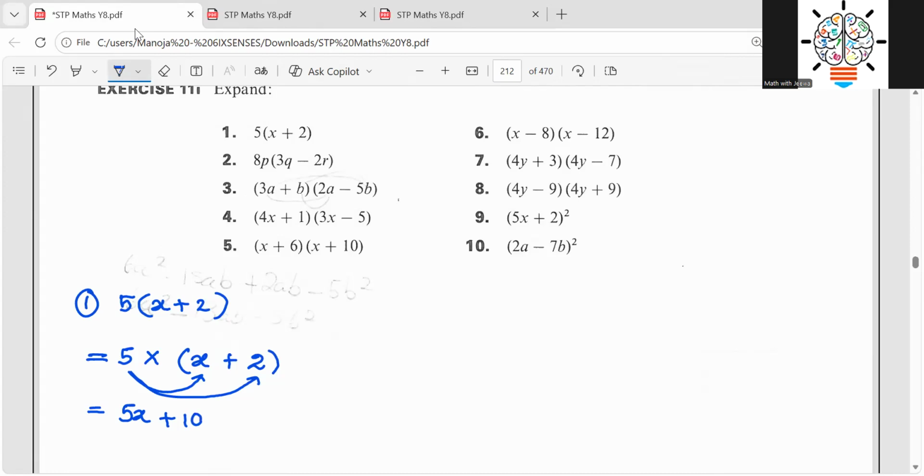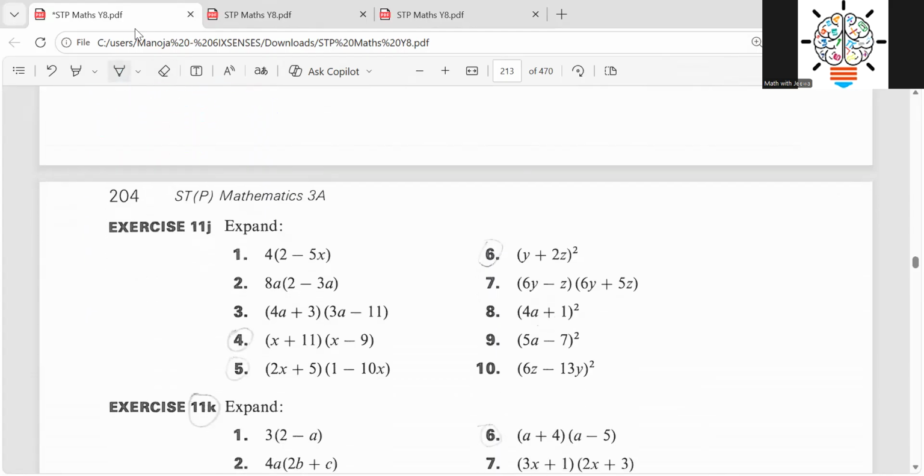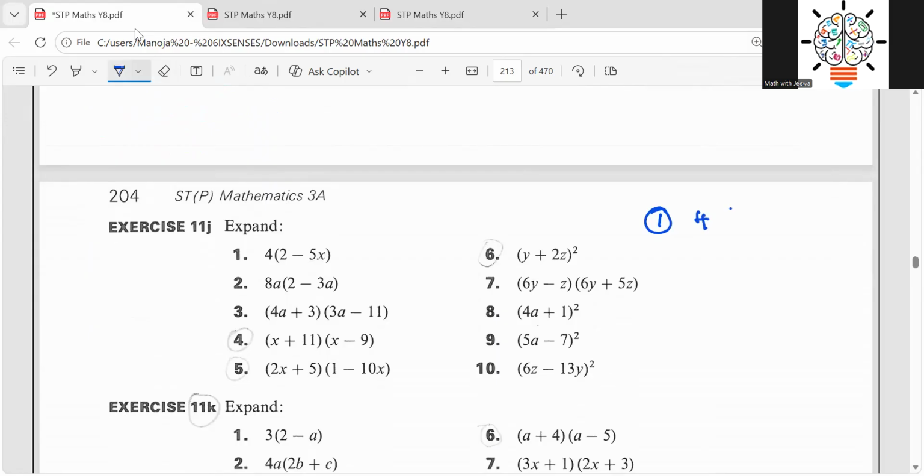I will take another example in this chapter. You just see question number 1 here. This time I'm not expanding. Do this with me in mind. How do you do that? I know in between 4 and the bracket, I have the hidden multiplication. I want to multiply the bracket components by the outside number 4. 4 times 2, 8. And 4 times 5x, 20x.